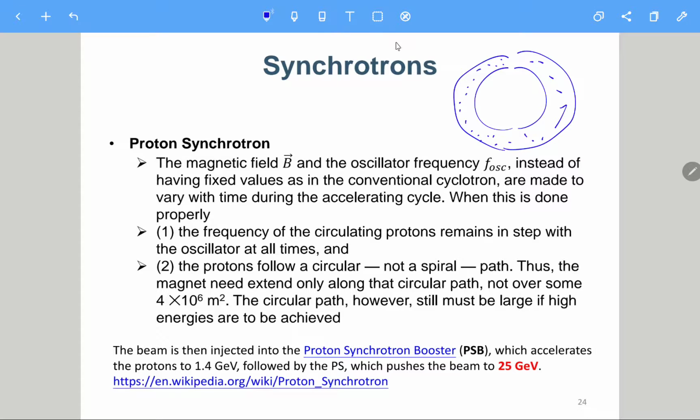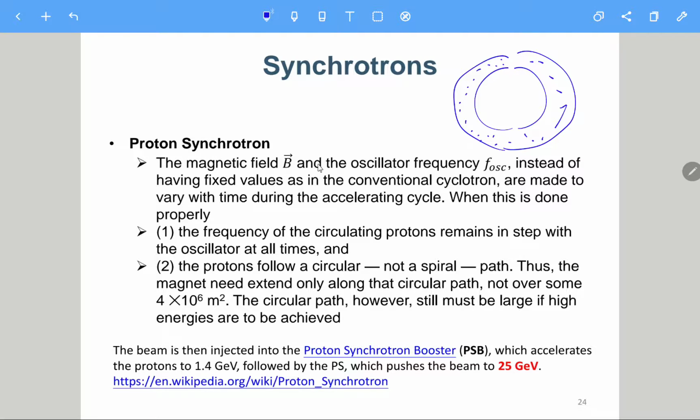However, we need to have better control of the B field and the oscillation frequency. Otherwise, the particle may collide with the wall of the ring. And of course, if it collides, then it will decelerate.